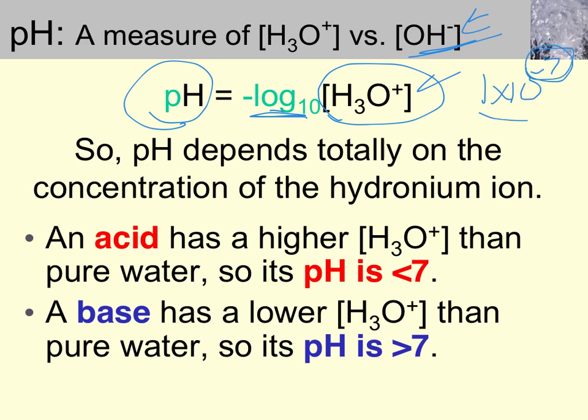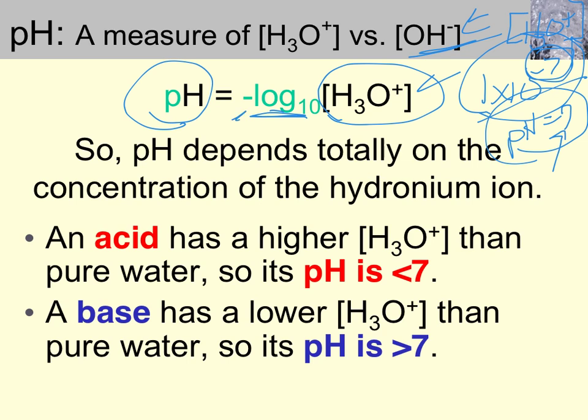So the pH of a solution that contains 1 times 10 to the minus 7 molarity of H3O+ would be 7. Any log scale allows us to write simpler numbers rather than scientific notation. So that's the only reason. But it is minus log of the concentration of hydronium ion.